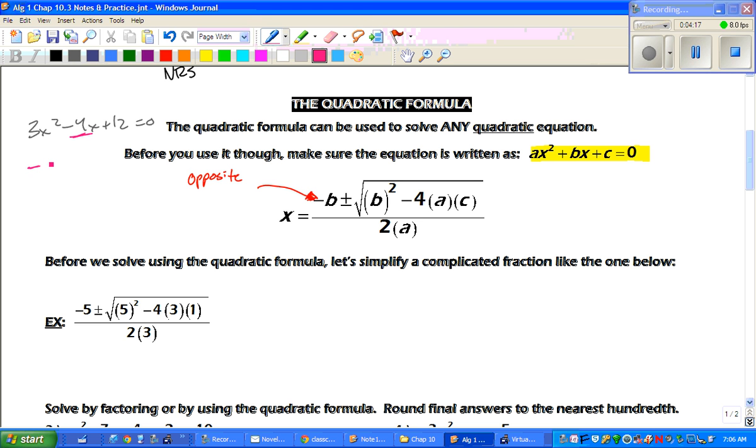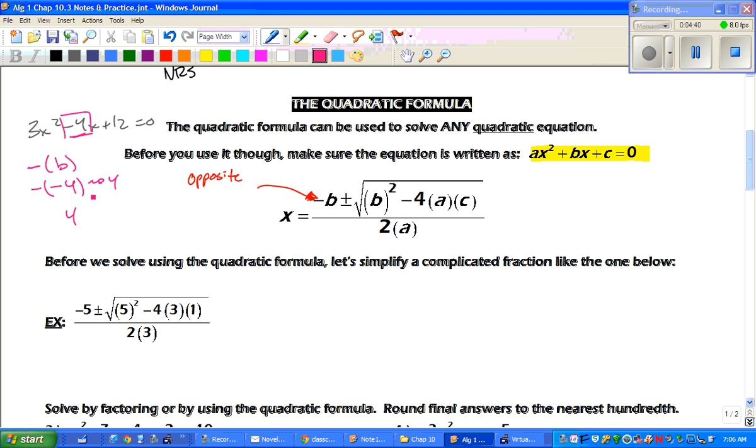So if you were to write the opposite of b, you'd be writing negative 4, and you get kind of confused with all those signs. But we just say the opposite of b. Well, the opposite of negative 4 is positive 4. So it's kind of saying the same thing.